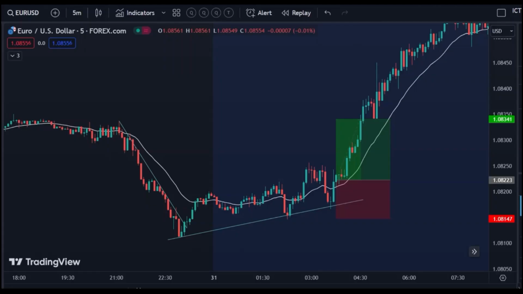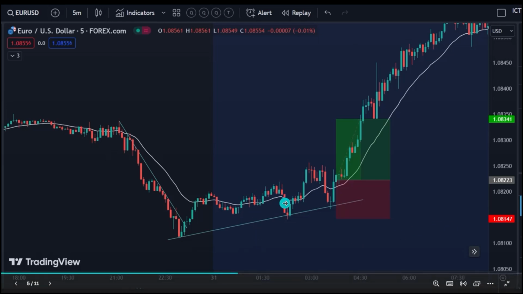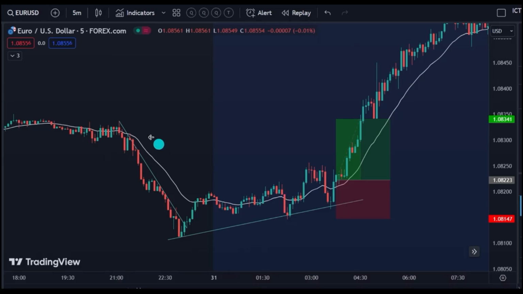Here is a setup on Euro USD. Again, we're looking for the London session, which happens between 2 and 4 a.m. Eastern Standard Time. We have 1:30 and then 2 o'clock. We see that there is a trend line that is broken, and we have a 3 Trendline Touch. This 20 EMA is crossed here, which is where we enter the trade.